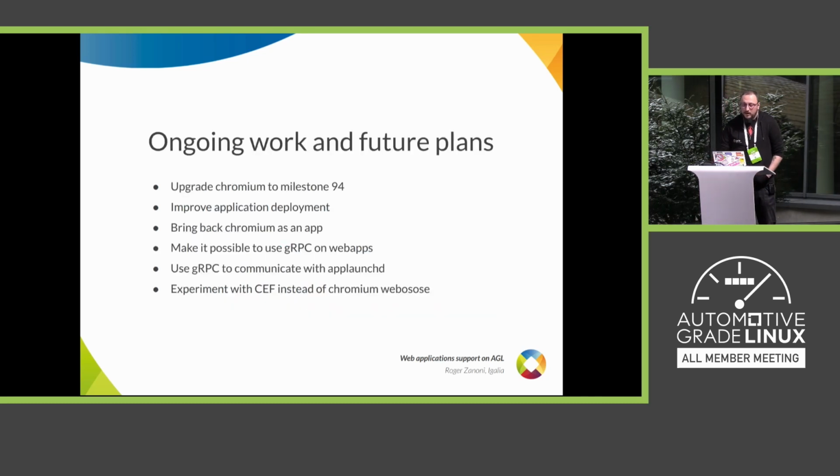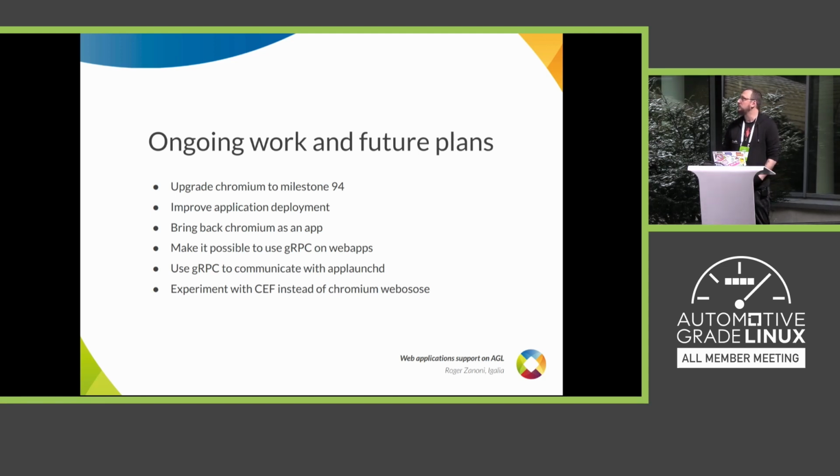And speaking about our future plans for the AGL web support, we plan to upgrade to the new Chromium milestone that was shipped by the WebOS project. That's milestone 94. We plan to improve how the applications are deployed. Currently, the only option is to add a new recipe and bake a new image.